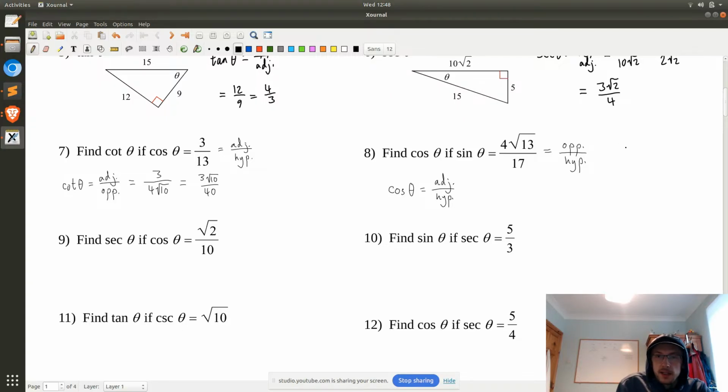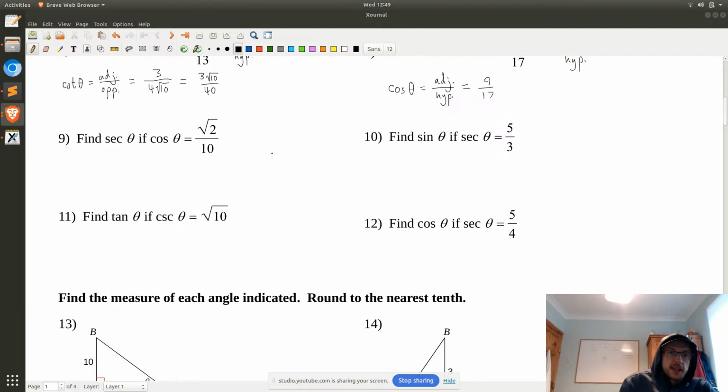So 17 squared, that's 289. 4 root 13 all squared, that would be 16 times 13, which is 208. So take away 208, and we obtain 81, and square root that, which is 9, and that is the adjacent side. So put everything in its position now. So 9 over 17. Now check, and it's all correct, and that's good.